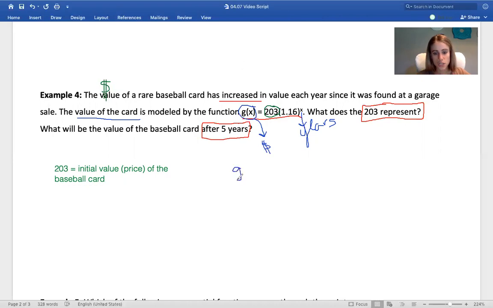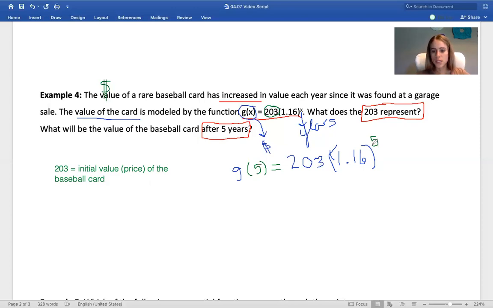So we have g of 5 is equal to our initial value of 203 times our rate of 1.16, and that is raised to the power of 5 years.